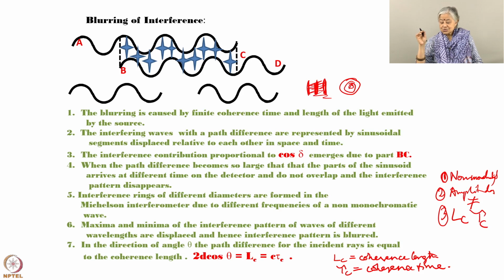Okay. So, these are the three things which give you a blurring of interference pattern.